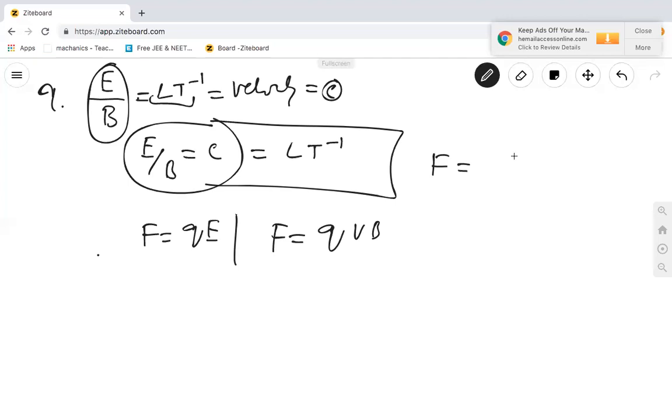Magnetic force is QV cross B, as you know. But you don't need to write cross, just write QVB, because if we suppose V and B are perpendicular to each other, then we can write QVB, right? So what's E by B?